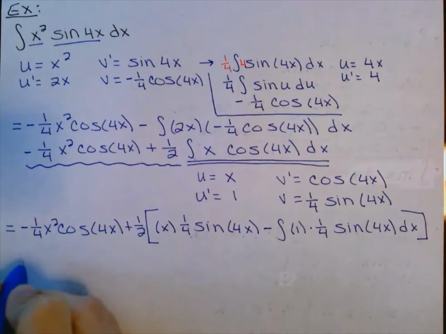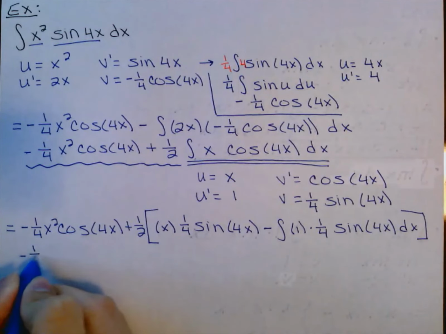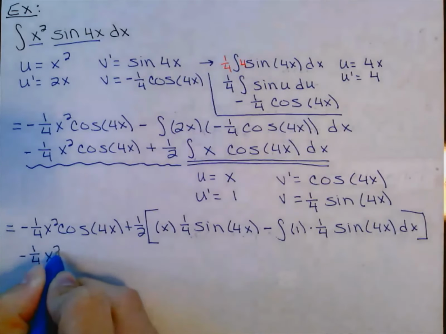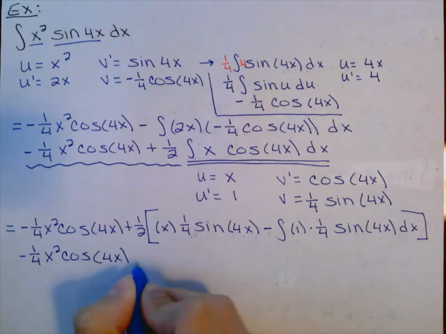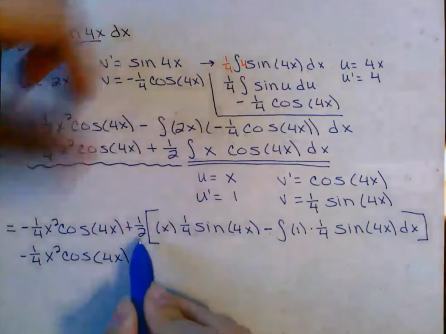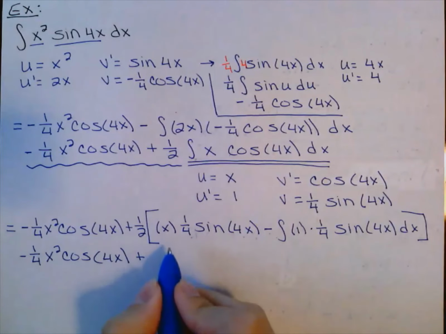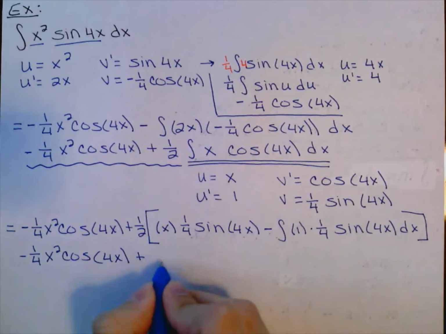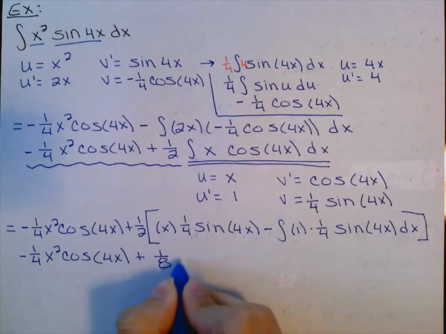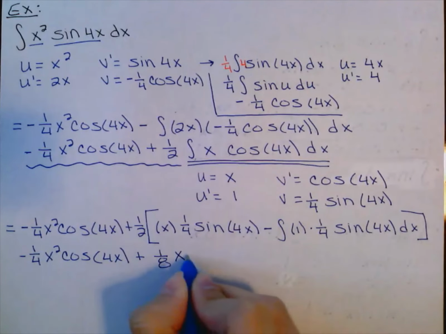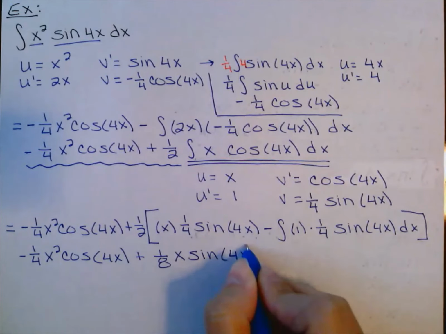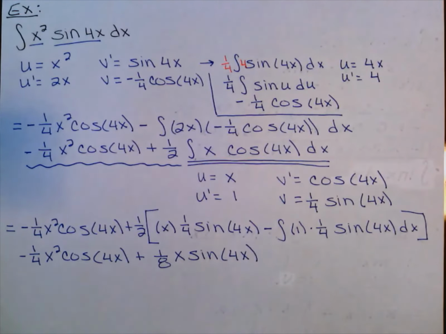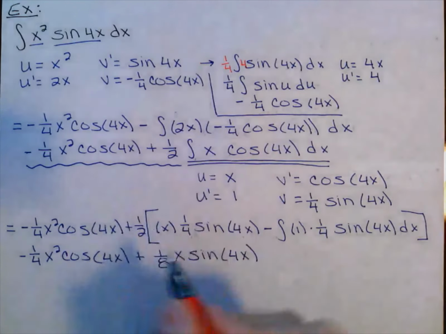So let's start working our way to cleaning a little bit. Now here I can multiply the 1/2 with the 1/4 and the x, which is going to give me 1/8 x sine of 4x. Now be very careful. I'm going to even color code this here.